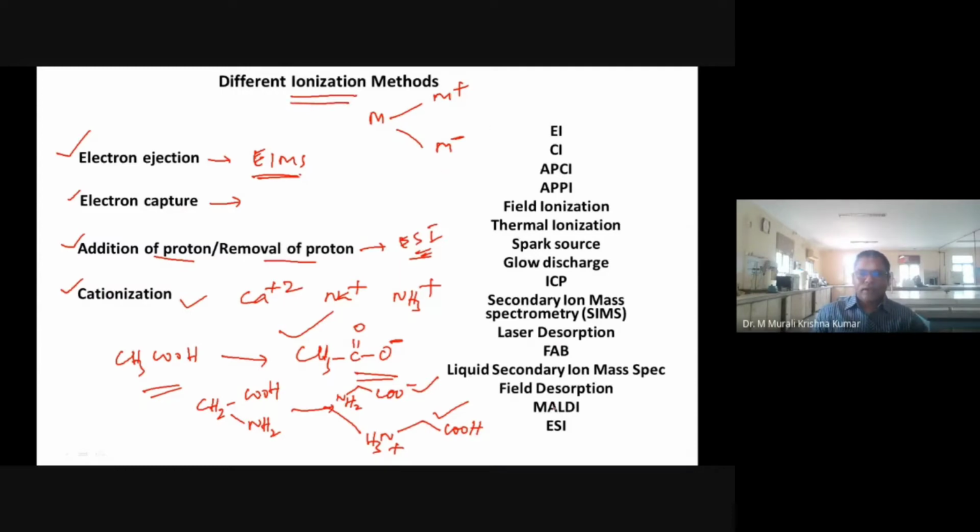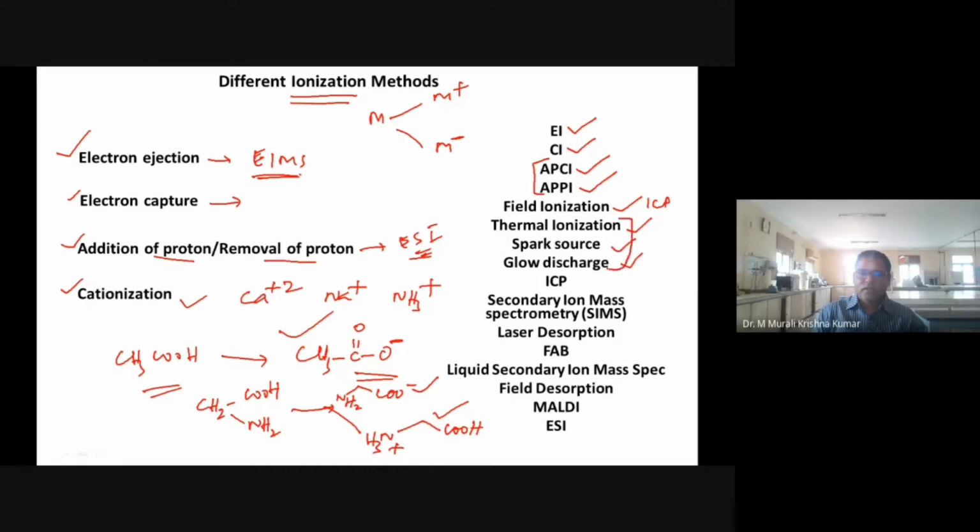So here I have a list of different techniques like electron impact, chemical ionization, atmospheric pressure chemical ionization, atmospheric pressure photoionization. These two are so different. Then field desorption ionization, in case of ICP, thermal ionization by using heat, like MALDI, spark source is used, and glow discharge.